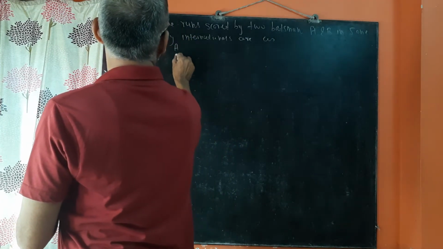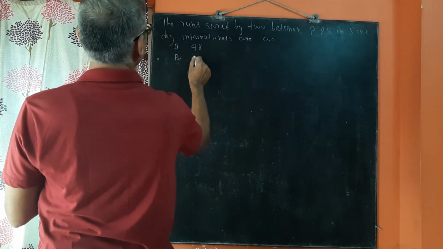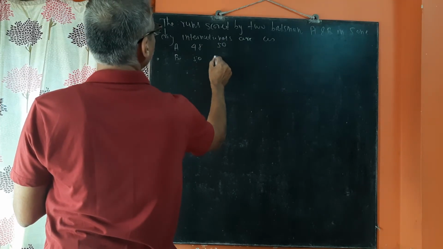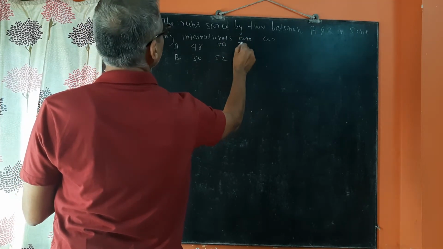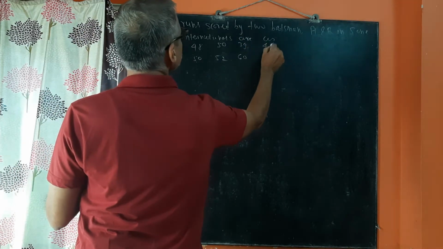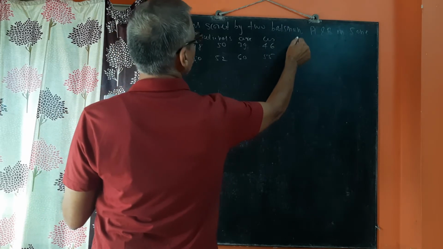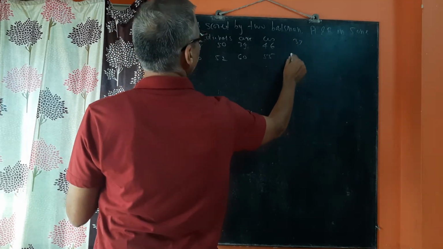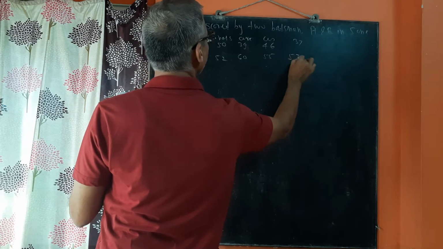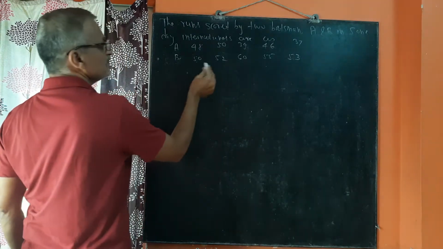Batsman A and batsman B: 48, 50, 50, 52, 39, 60, 46, 55 and 37, 53. Find which batsman is consistent.